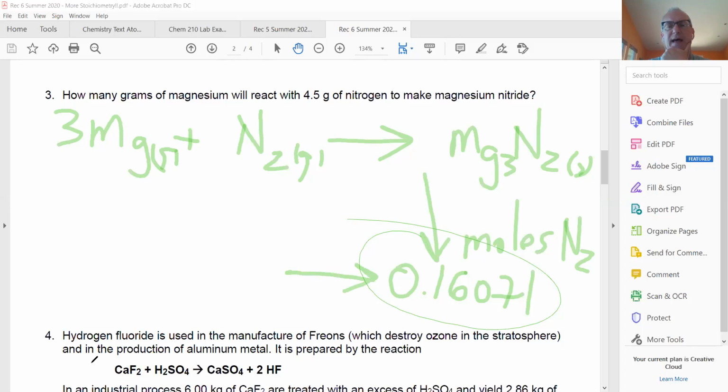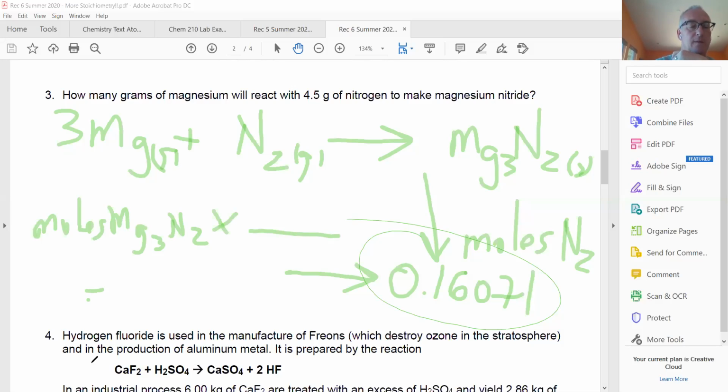How am I going to figure out that? So I need to multiply this number. So I have moles of magnesium nitride times something will give me moles of magnesium.